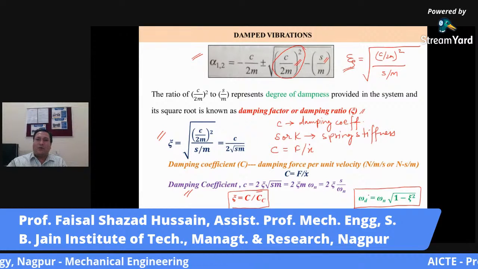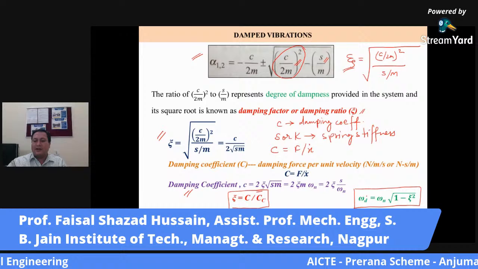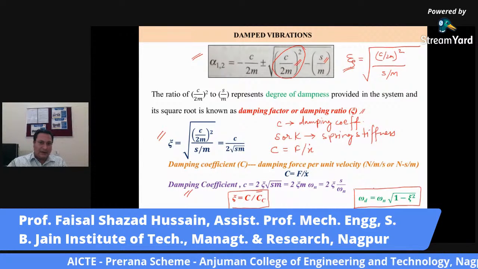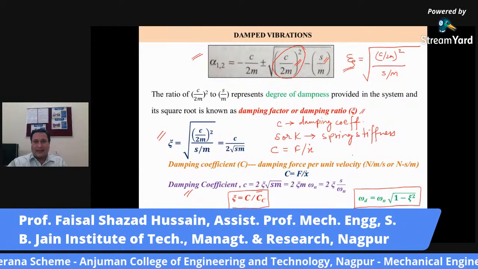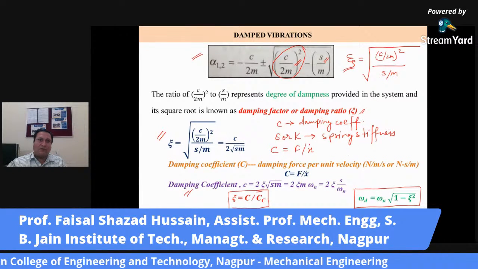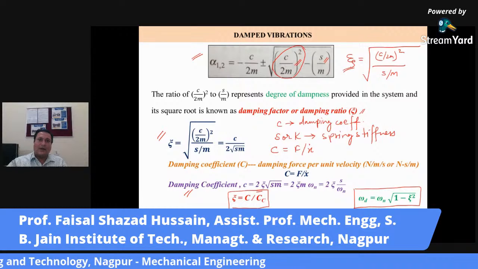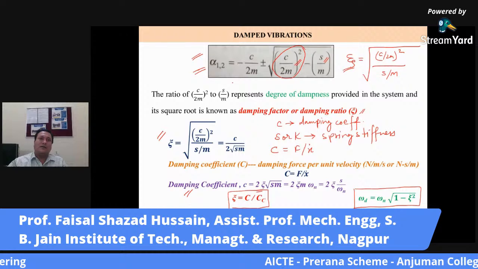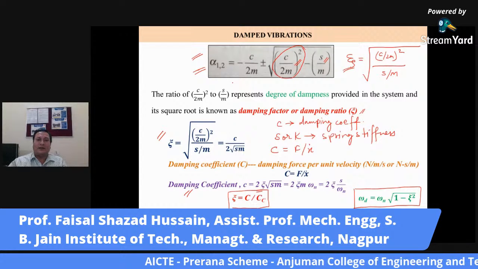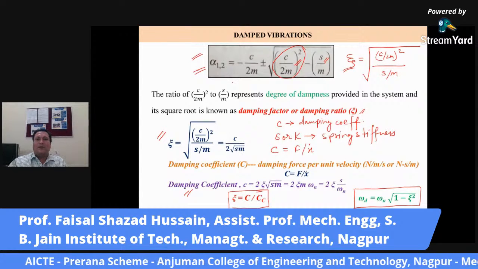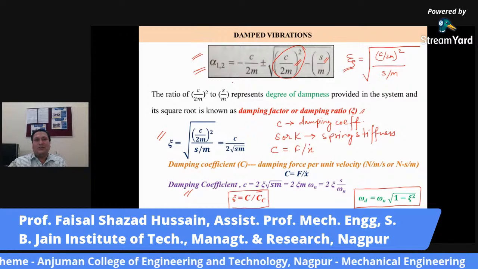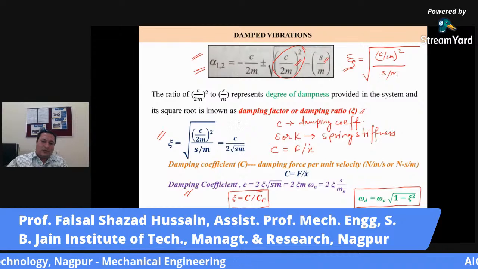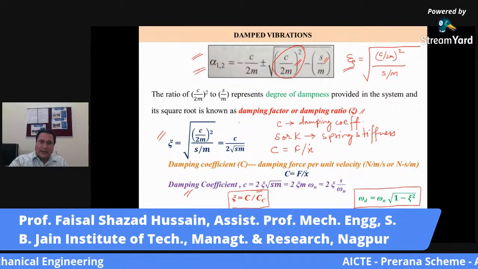These equations are very important while solving problems related to damped vibrations. So here we have seen the damping factor. This damping factor has been derived from this equation, and the roots of the auxiliary equation come with the help of our energy method, that is m x double dot plus c x dot plus s x equal to 0. Now let us go to our next slide.